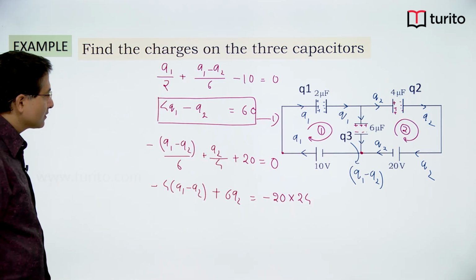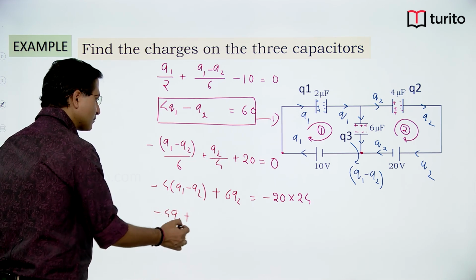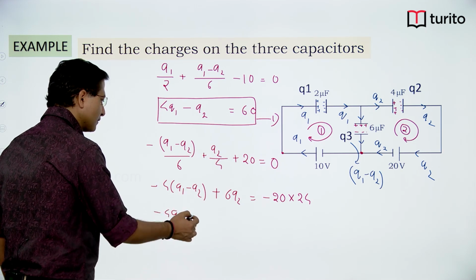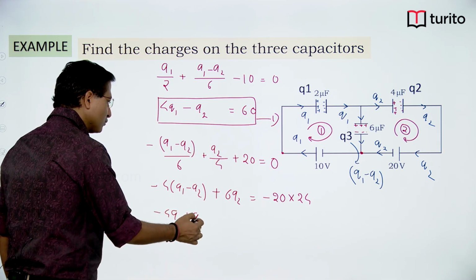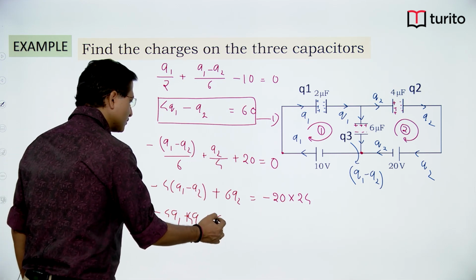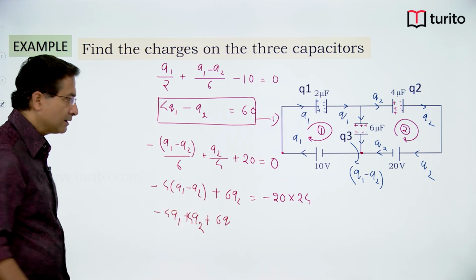Let us simplify, this is coming minus 4 q1 and then plus q2, plus 4 q2 plus 6 q2, this will make it 10 q2, right. I will write 10 here.